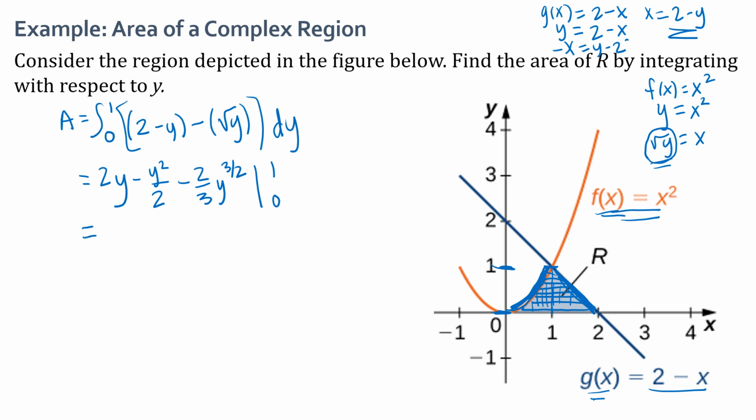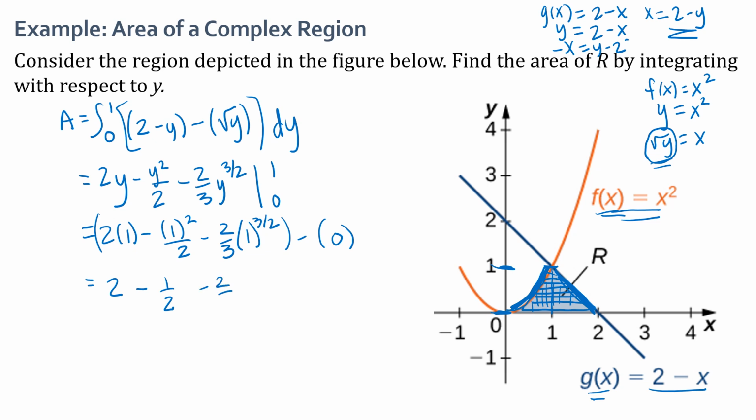Substituting in 1 gives 2 times 1 minus 1 squared over 2 minus 2/3 times 1 to the 3/2 power. And then substituting in 0 is going to make that whole thing 0. So evaluating this will give me 2 minus 1/2 minus 2/3.